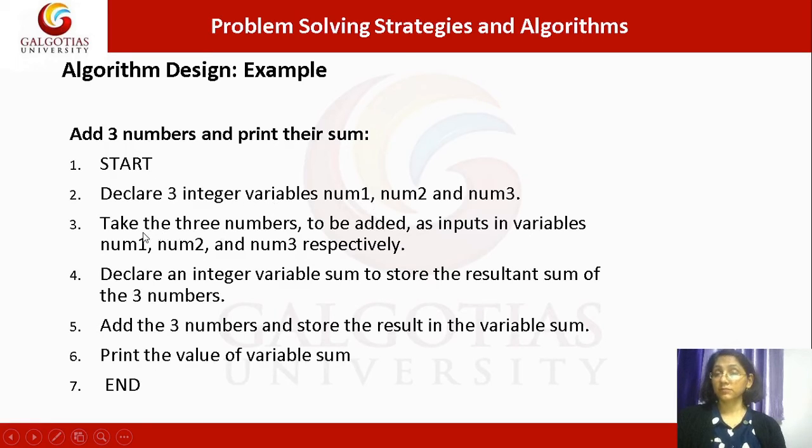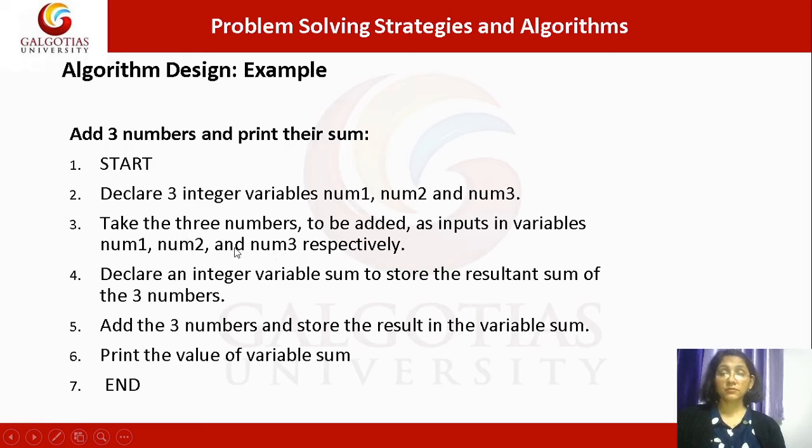The second one is the input statement, because here we are taking three numbers which are added. So take three numbers to be added as input in the variables num1, num2, num3 respectively. So the first number will come to num1, the second number to num2, and the third number to num3.